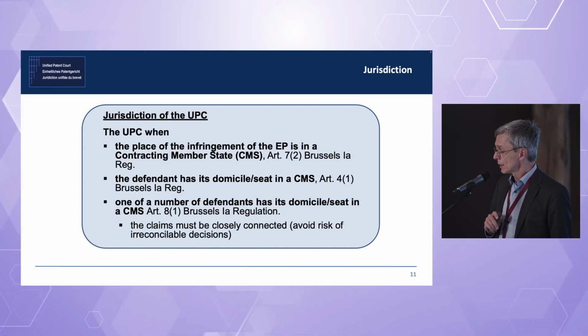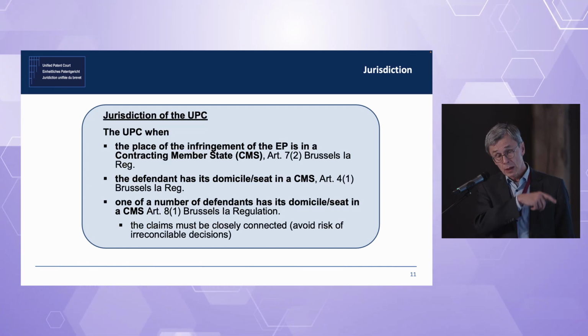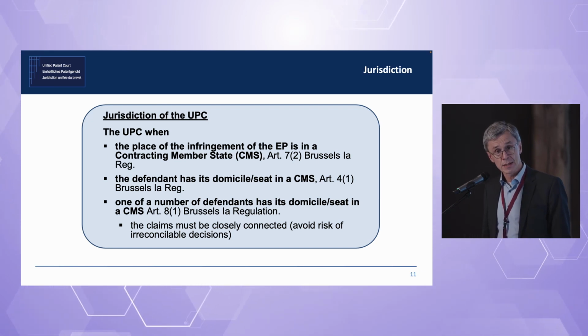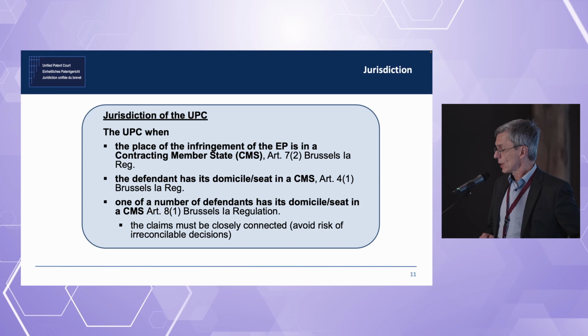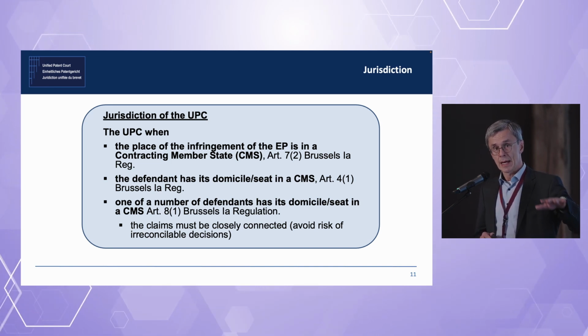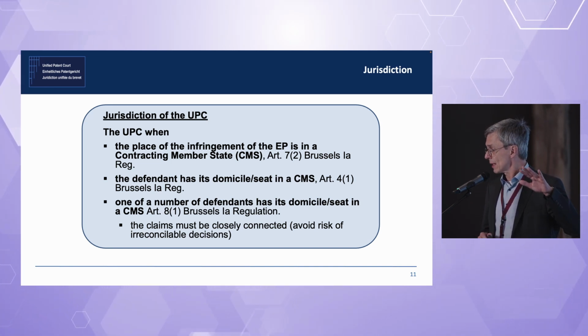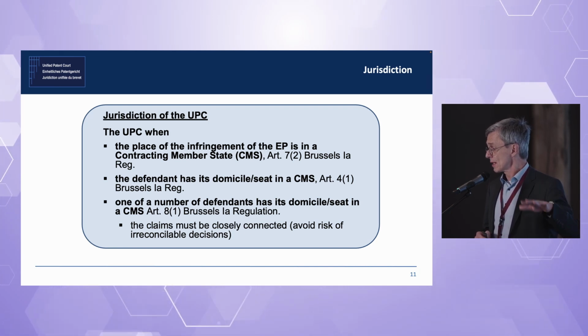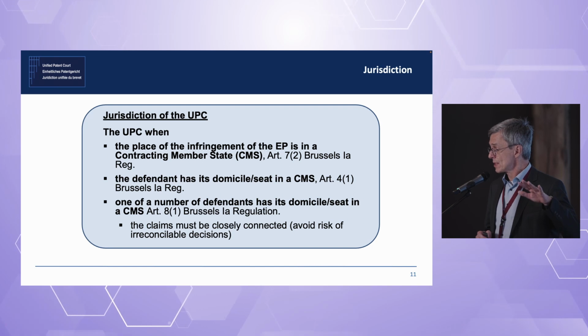Now, when you boil it down under the Brussels recast, you see the following. Place of infringement again. And it applies to such a court, that by an amendment of the Brussels regulation, Article 7, paragraph 2 is applicable.